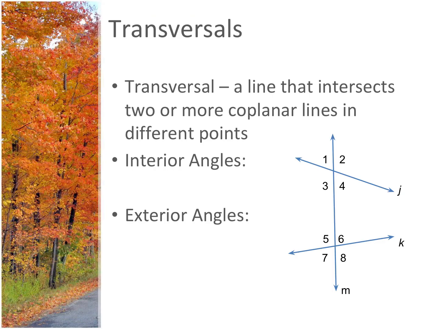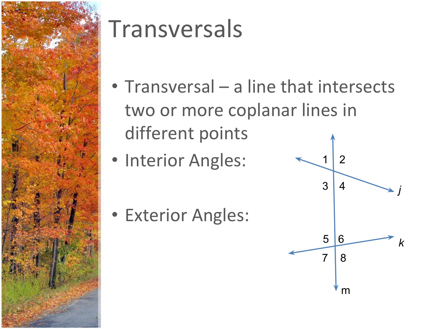Transversals. A transversal is a line that intersects two or more coplanar lines in different points. In different points. Of the three lines that you see, J, K, and M in the diagram, can anyone tell me which one of those three is my transversal?